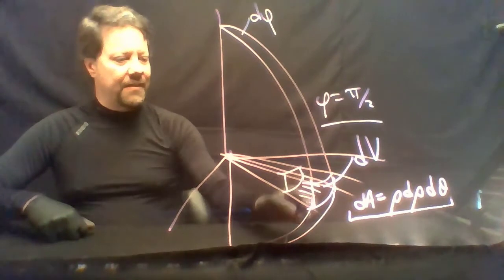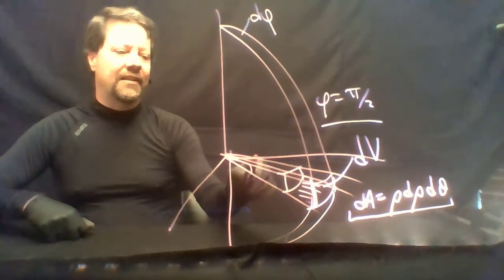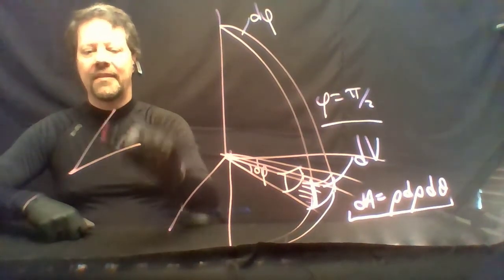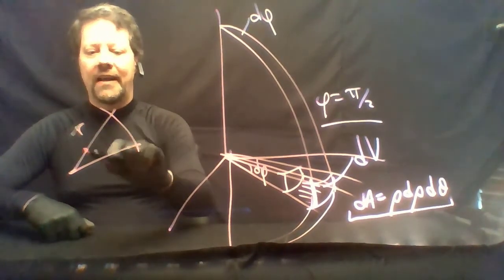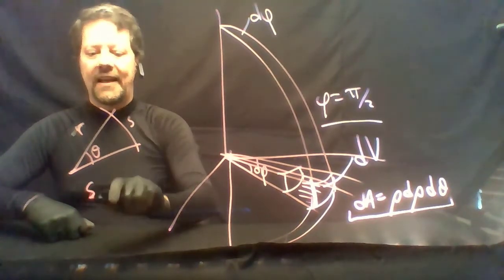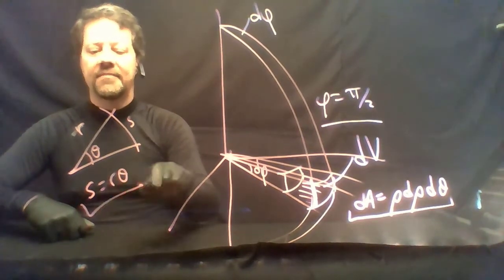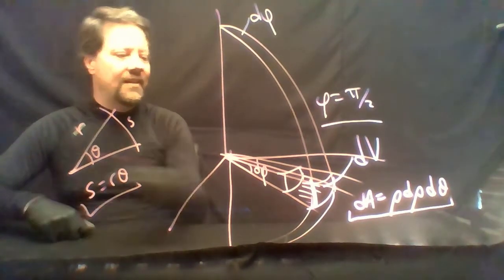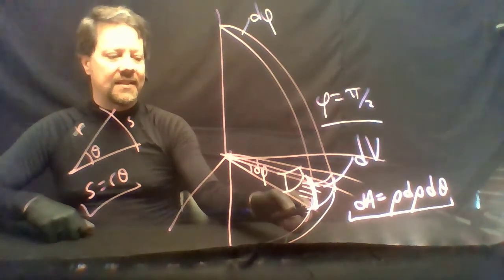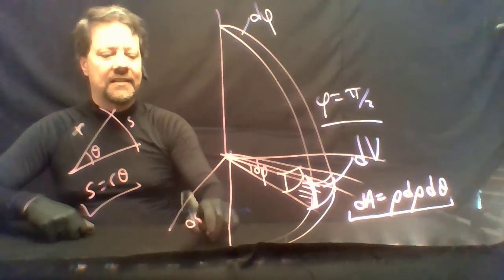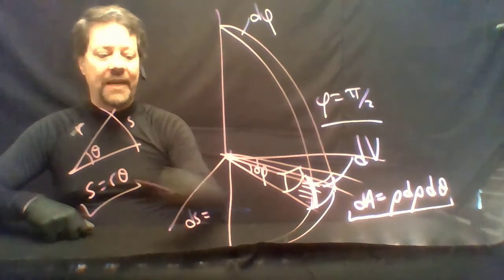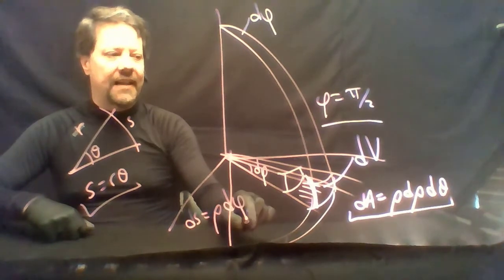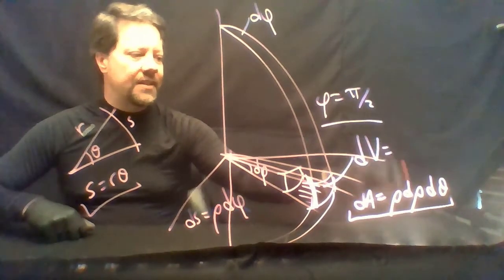But how far is this being swept if the little angle here is d phi? Well, you'll remember the following formula. If you have r and theta, the little arc length s is r theta, provided, of course, theta is measured in radians. In this case, we're sweeping this a certain distance, s. The little ds is going to be the radius, rho, times the little element of angle, d phi.